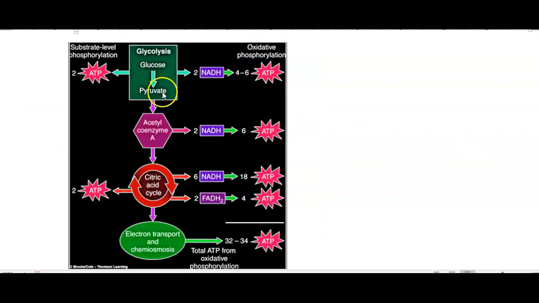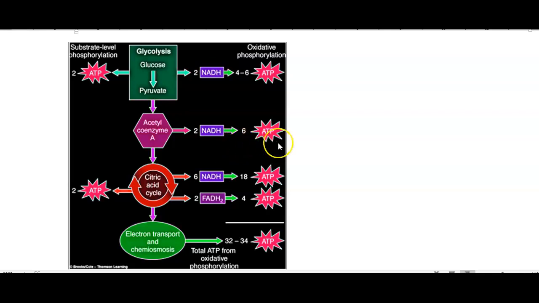Glycolysis, glucose split into 2 pyruvates, makes 2 ATPs through substrate phosphorylation. Also makes 2 electron carriers. Makes 6, but it's going to be using 2 of them. Makes 2 electron carriers in this. You know what that's called? That's the transition step. This is all now in the matrix. 2 NADHs, 2 electron carriers.